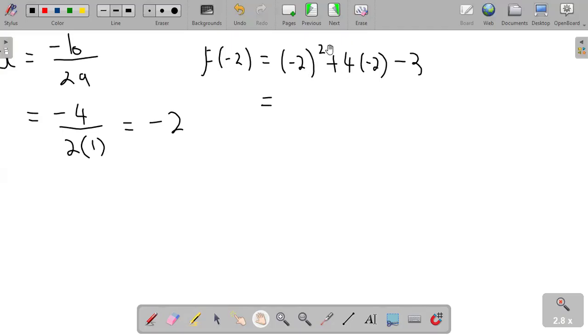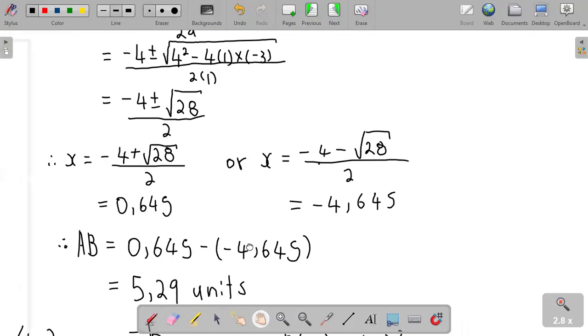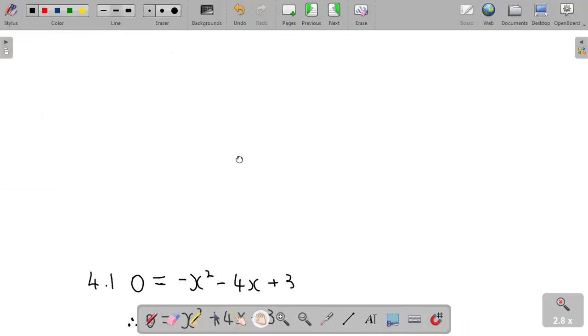Okay, maybe let's use the original equation, isn't it?